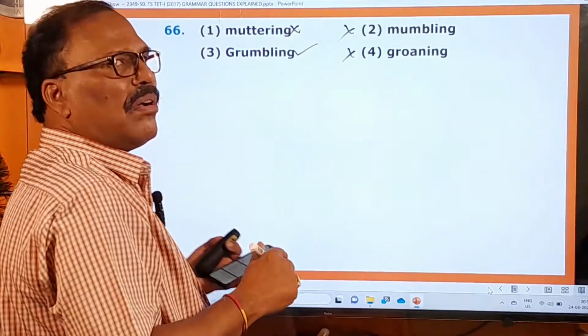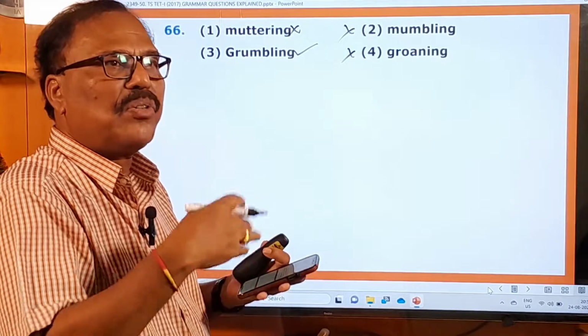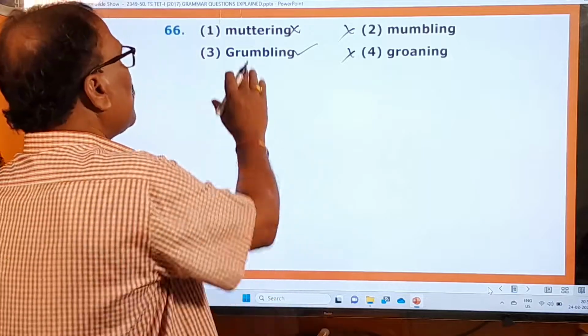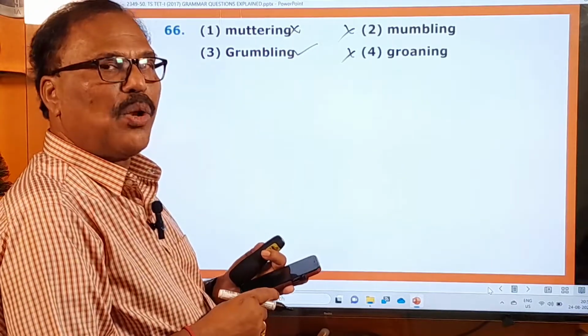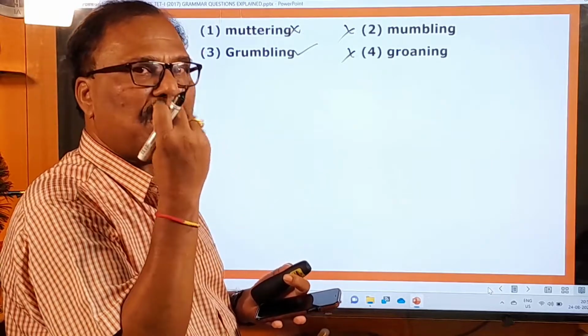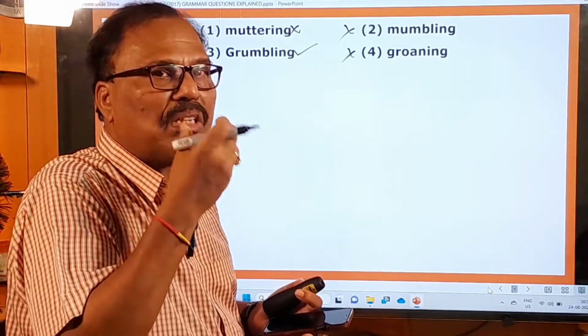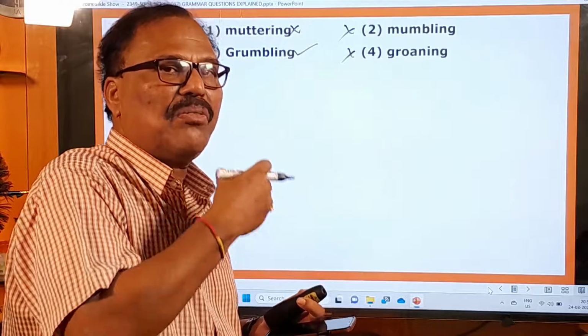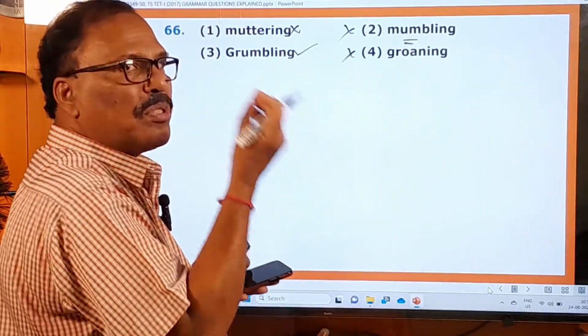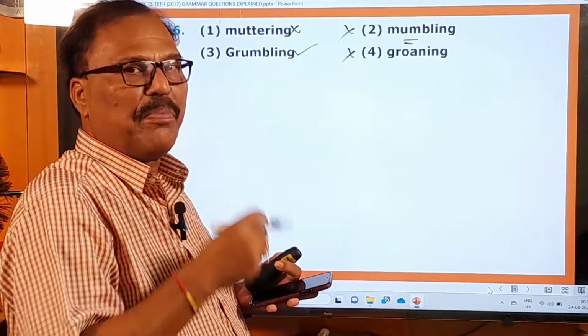Muttering means to speak in a low voice so that others may not hear that person. You are speaking, your lips are moving, but the voice is not coming out loudly. That's called muttering. Mumbling means you speak within yourself. Only lip movement will be there.